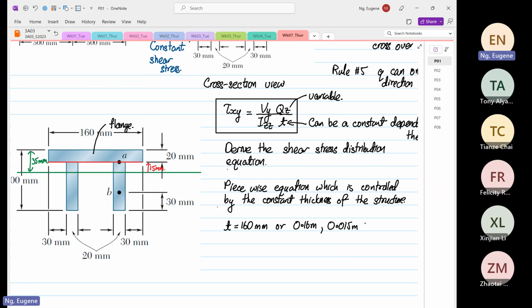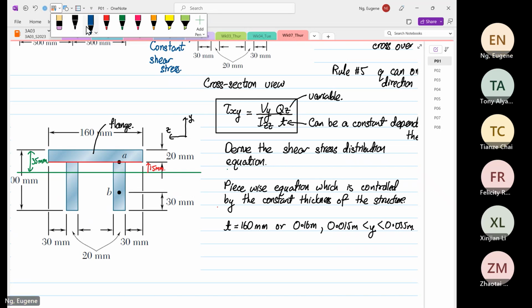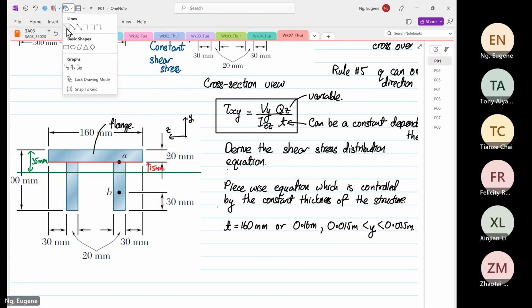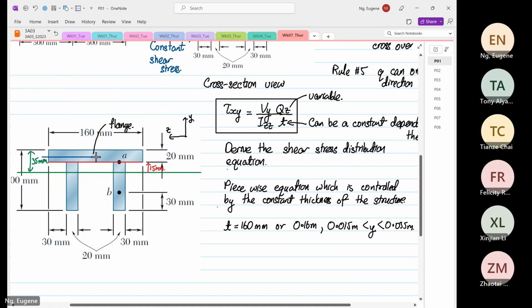0.015 meters and y, and the upper limit is 0.035 meters. Okay, so if now I were to draw my transformation, this is z and this is y, and where we are concerned now, if I sketch a blue line, that blue line is what we call our y.